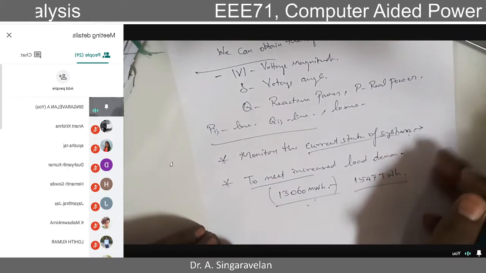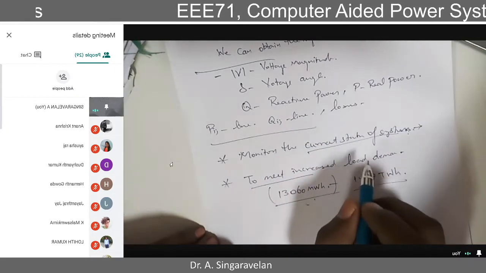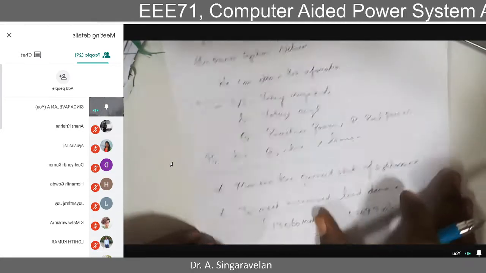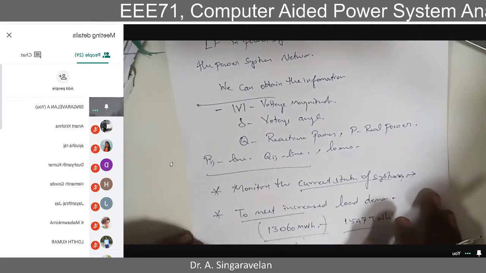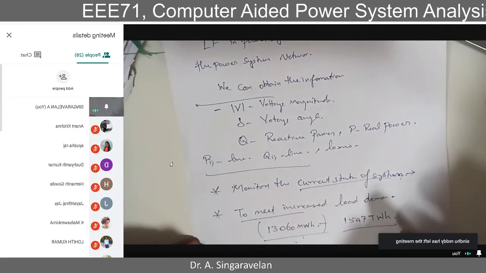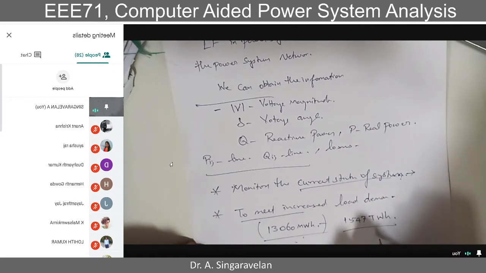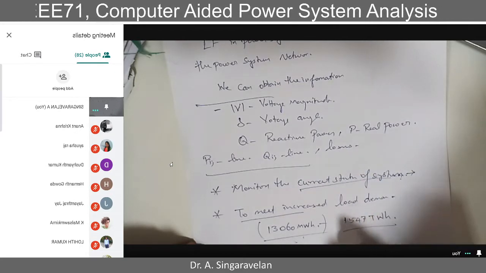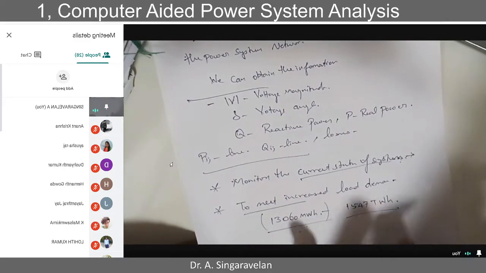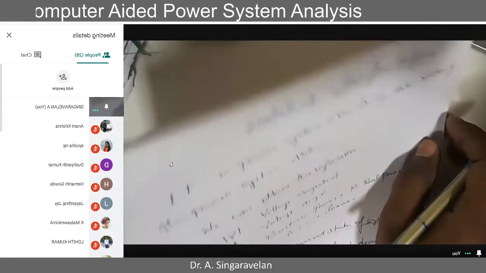So they need to calculate it. To calculate the demand required for the electric network, they need to perform this load flow analysis. While doing so, they can know whether the load is increasing or decreasing. Accordingly, they can increase the generation capacity, or do some additional work for renewable energy also. So for that type of application, this load flow analysis is used. So this is one of them.